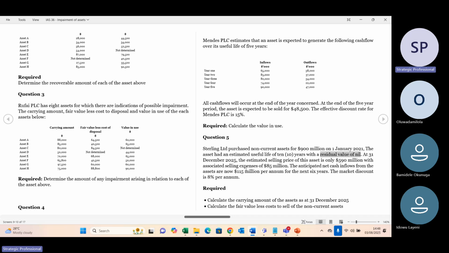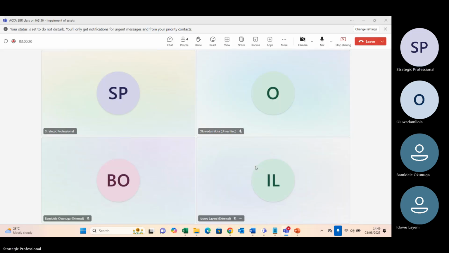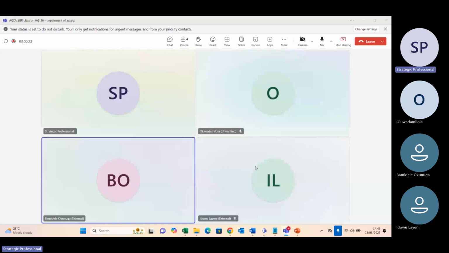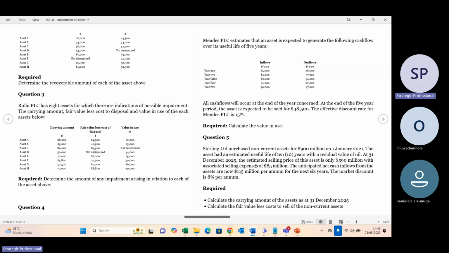So with relation to this particular question, they say you should calculate the fair value less cost to sell. You would notice something in this question. The examiner did not call it fair value. Are you with me? Yes, you will notice that the examiner did not call it fair value. Please bear in mind that once the examiner did not call it fair value, alternatively, the examiner can call it estimated selling price.